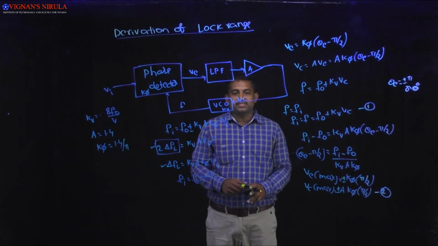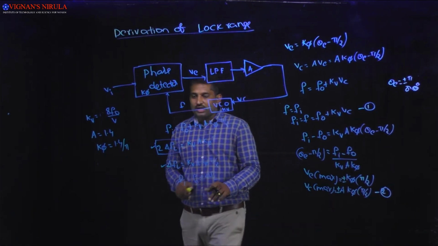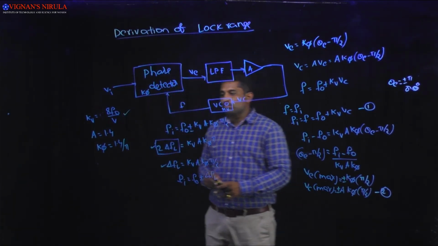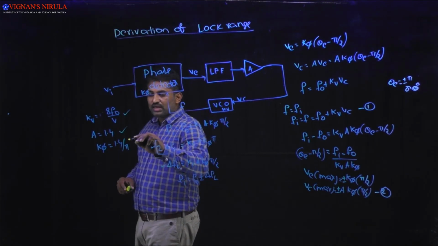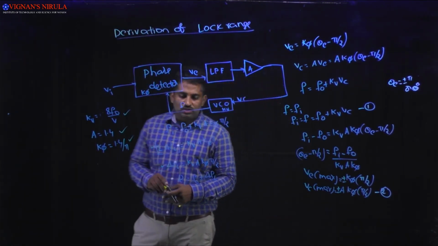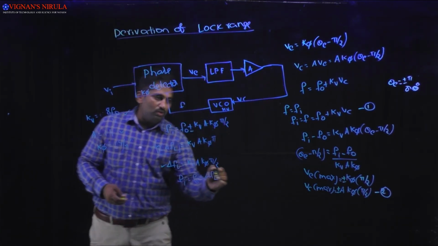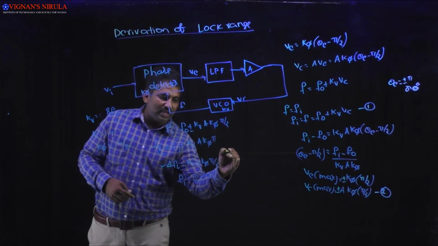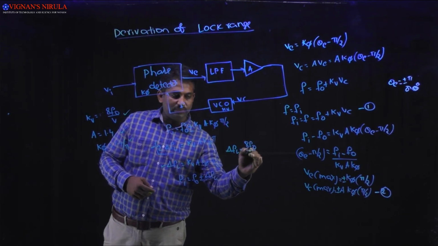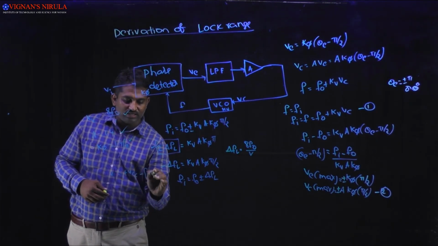The range is symmetrically located about the free running frequency of the VCO, and kV is equal to 8 f0 divided by V, A is equal to 1.4, and K phi is equal to 1.4 by pi. Substitute all these values, then we can easily calculate the value of delta fL. kV is equal to 8 f0 divided by V, where V is plus VCC minus minus VCC.